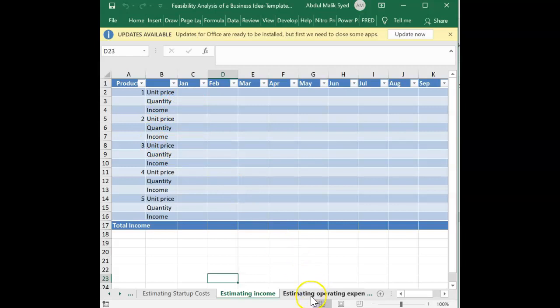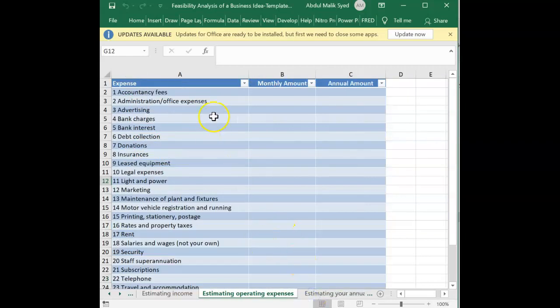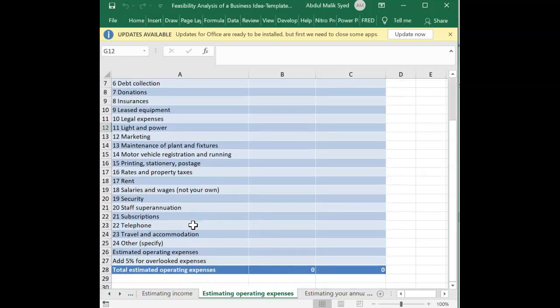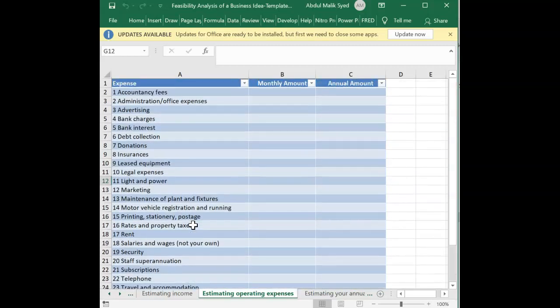Okay, and then estimating the operating expenses based on the monthly amount, and then the annual amount is simply multiplied by the monthly amount. Okay, so you have been given an extensive list of expenses you can expect, even if you are bringing in loan money, not just your own money. Those kinds of expenses like bank interest and other things are also taken into consideration.